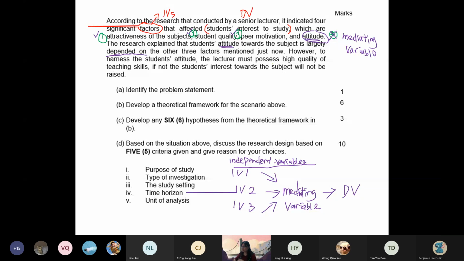Just now we already assumed that the mediating variable will be attitude, because it is stated in the question that this attitude will be a variable.